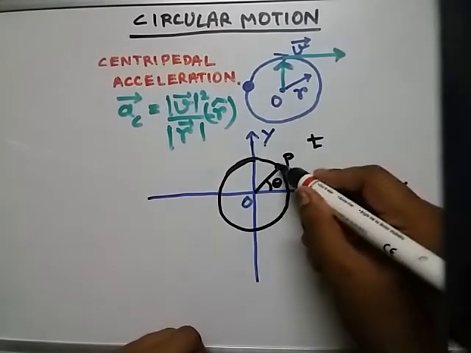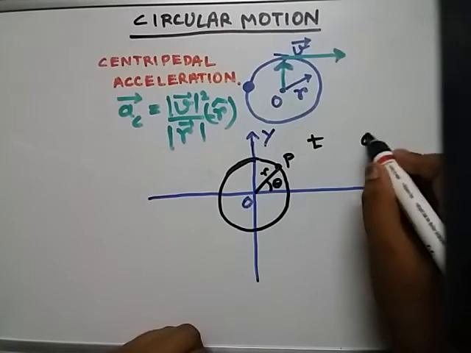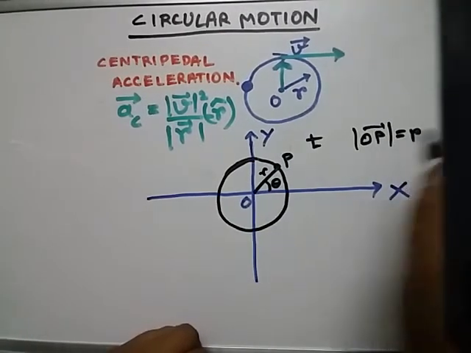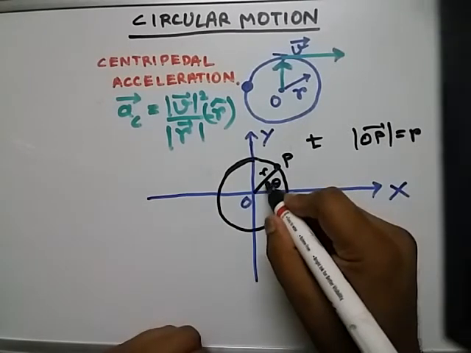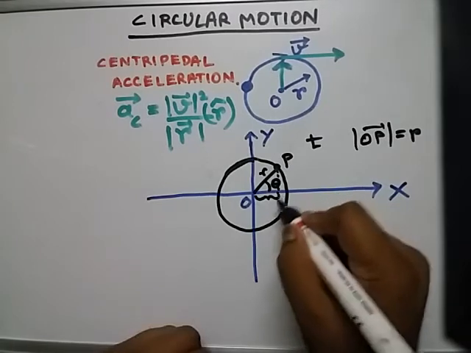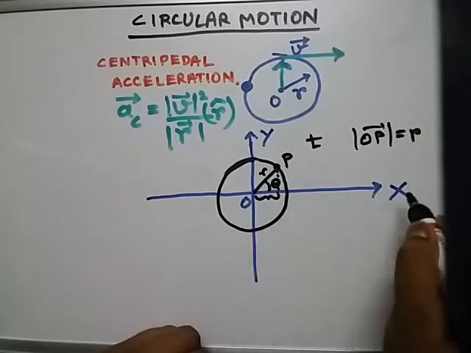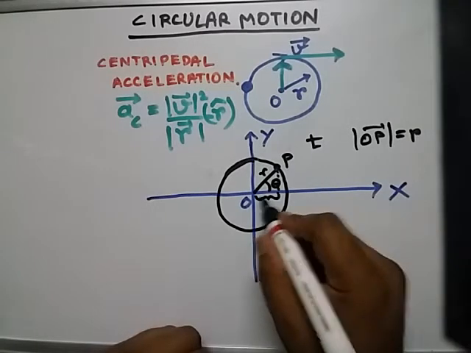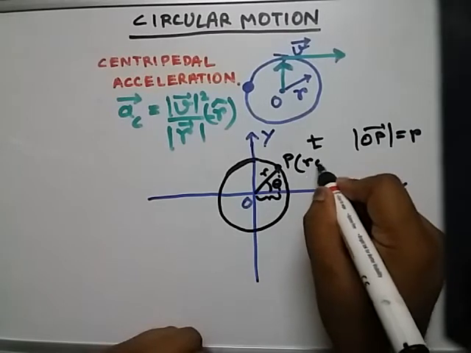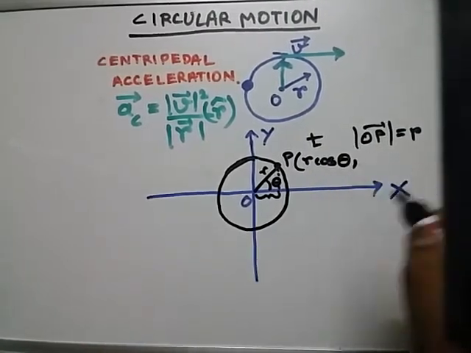Now this OP, let us call this R. OP is equal to R. Now this angle is theta, so the x coordinate, that is the component of OP in the OX direction, is r cos theta.